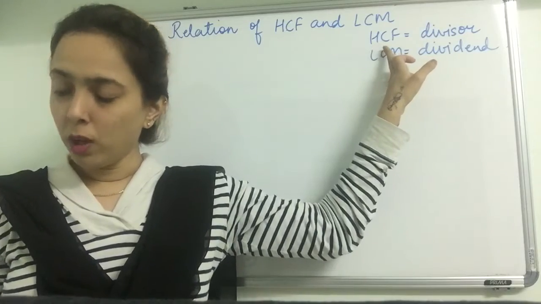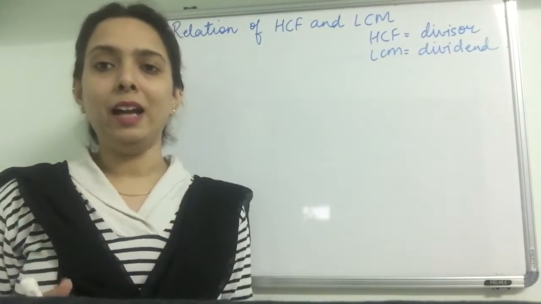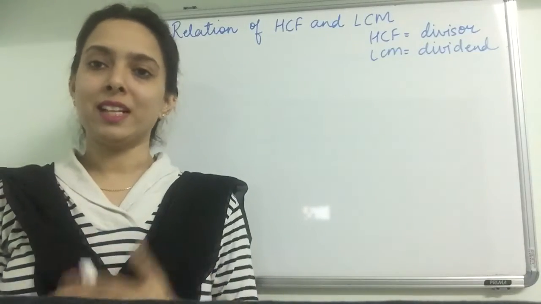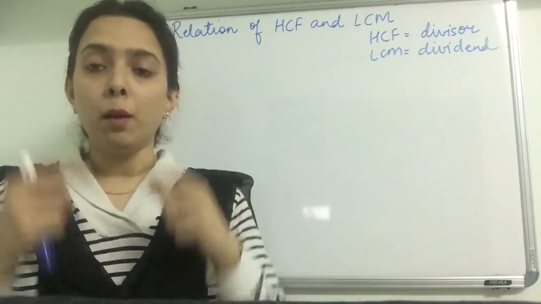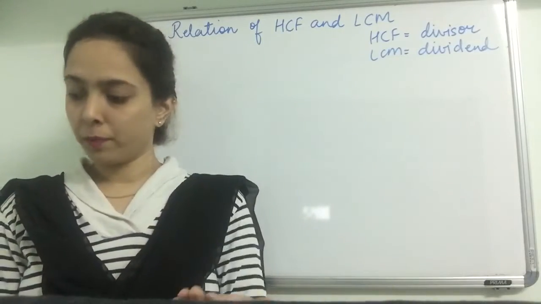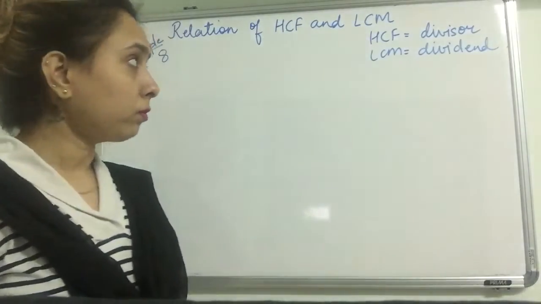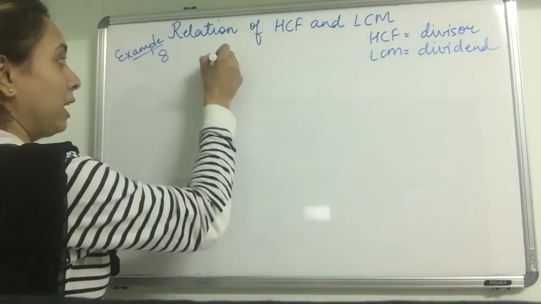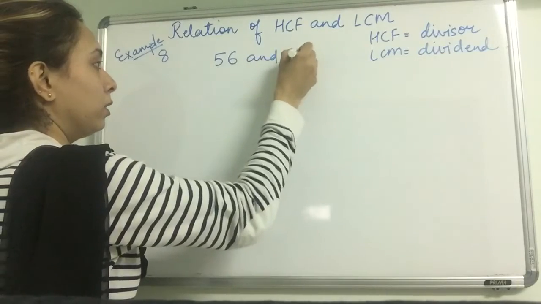So we have to find out the HCF of 56 and 84, and whatever HCF we get, that will be the answer, and that number will divide 56 and 84 exactly. Let's check it out. So here the numbers are 56 and 84.